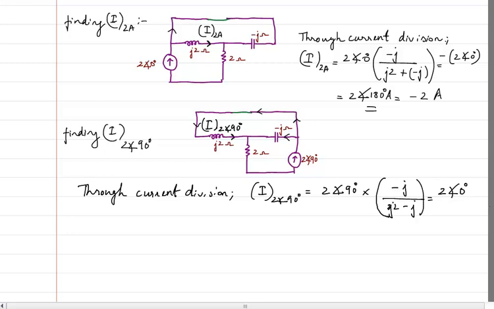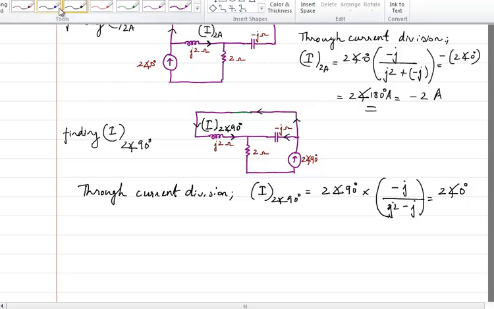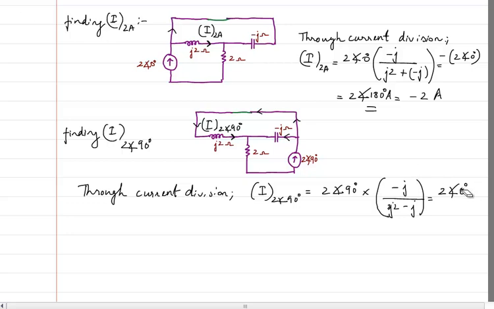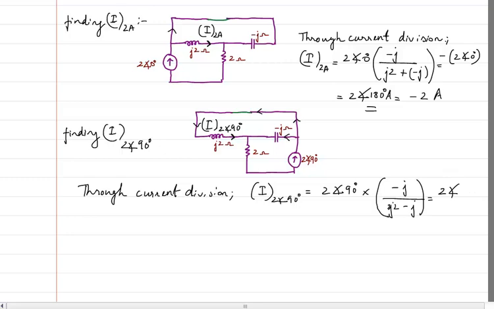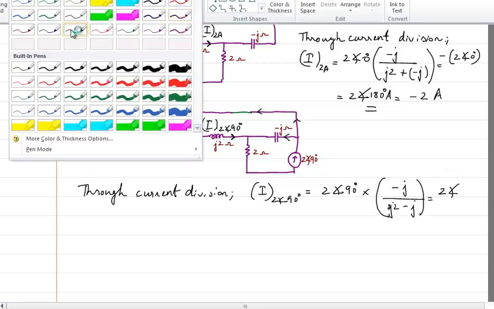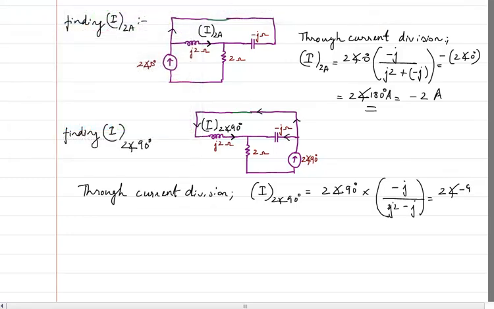Let me be clear. It is going to be 2 angle 90 degrees. Sorry, j and j cancel off. 2 angle minus 90 degrees. You can check with your calculator.